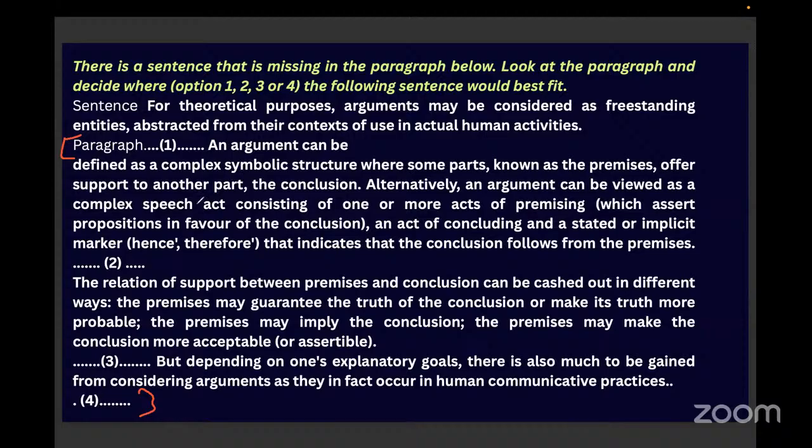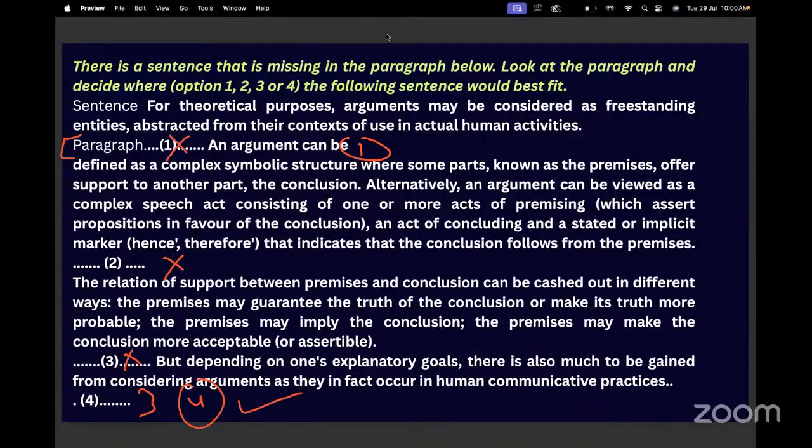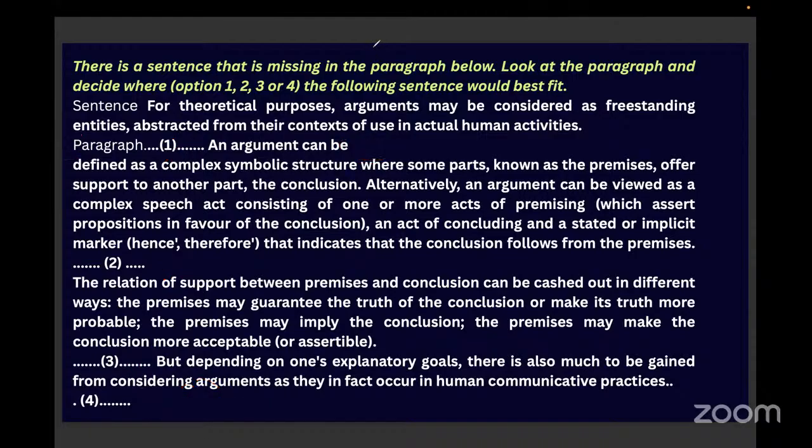And I will compare which one suits the best. When I started doing that, I found that first is better than second and third. That means this sentence can be put in first, better than second and third position. But when I compared it to the fourth one, it is even better than the first one. So I eliminated that. So the answer is 4. Okay. I hope you guys got it, what I did.